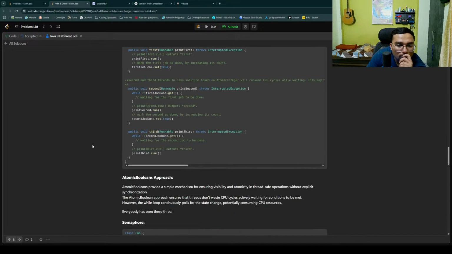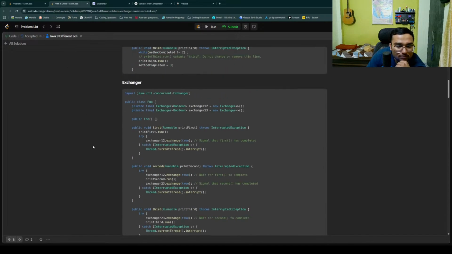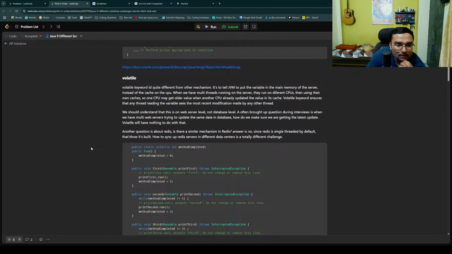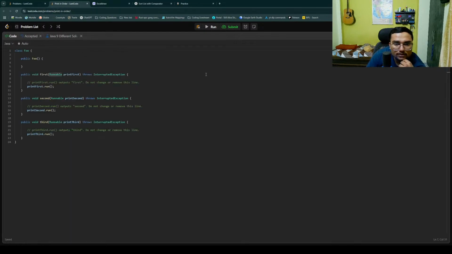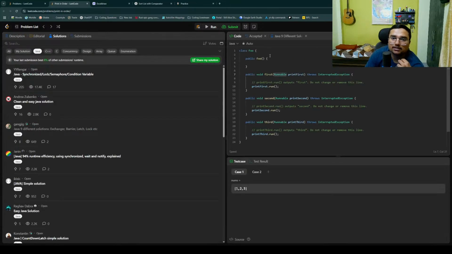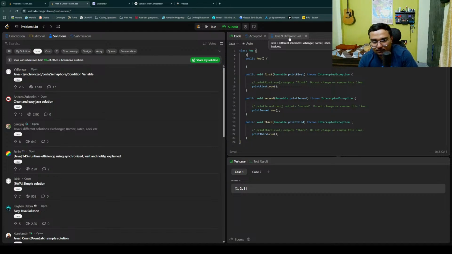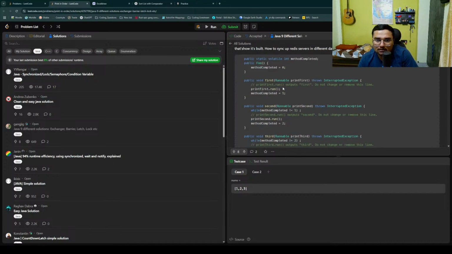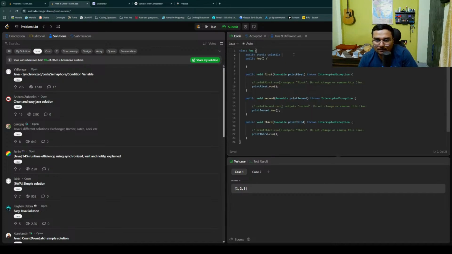So let's try the volatile one. That seemed pretty straightforward. So the point is just to use a volatile static variable, public static volatile int methodCompleted.